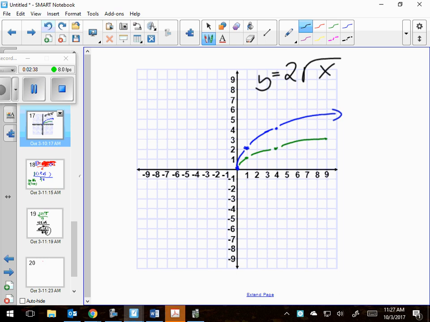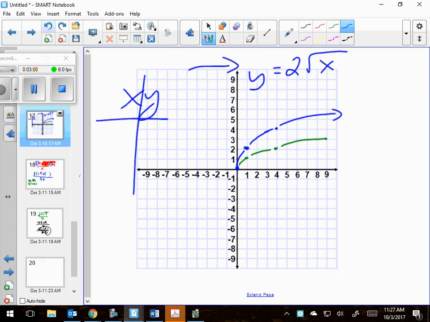Now, what if your life depended on it? What if you had to know that that blue one, that's the one we're doing here. Maybe I should have written it in blue just to make it match the graph. What if I needed to know for sure that was actually it? Because again, the graph would be given and you have to write the equation, and you're not sure this is right. You can always make an XY chart. It's your best friend in graphing. You can always tell stuff from that.